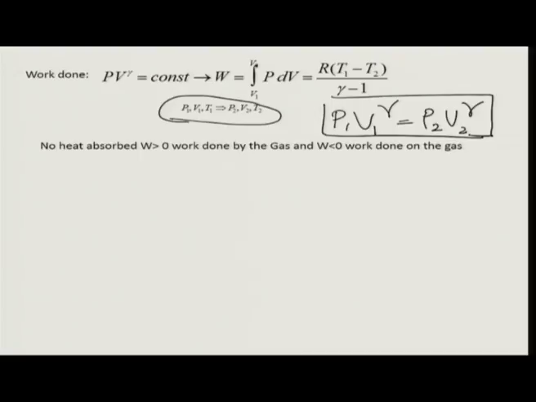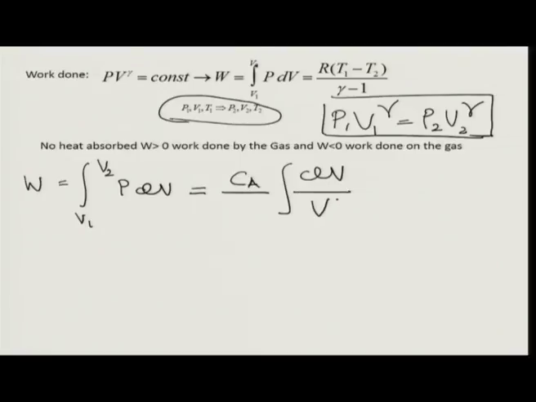Well, now what is the work done? I have to calculate W, the integral from V1 to V2 of PdV, which now I can write, since this is always satisfied. It is a quasi-static process, every instant this is satisfied, I can write it as C adiabatic times dV by V to the power gamma, from V1 to V2.